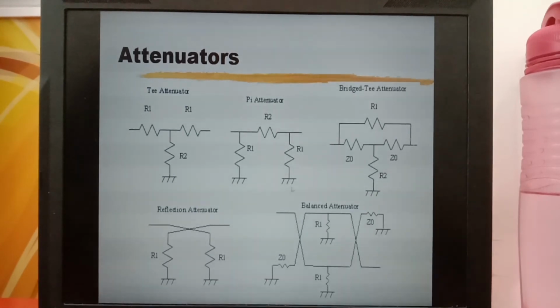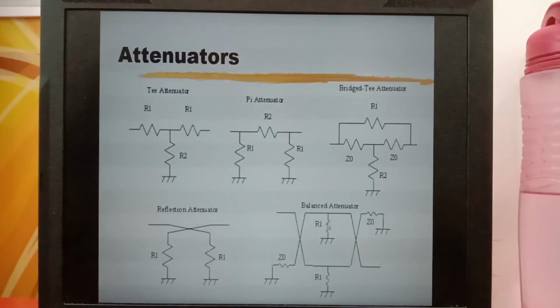To improve the impedance match at both the input and output, we need a balanced design. This is how it looks. We make use of two hybrid couplers. So when the signal is connected to the input, half of the signal is transmitted to port 2, half of the signal is transmitted to port 3.